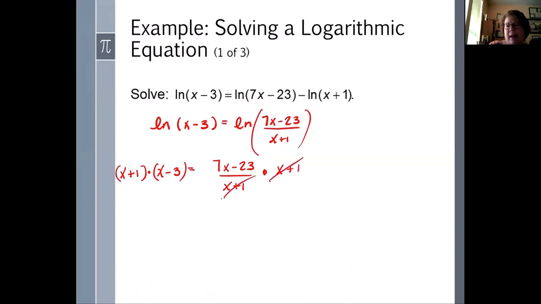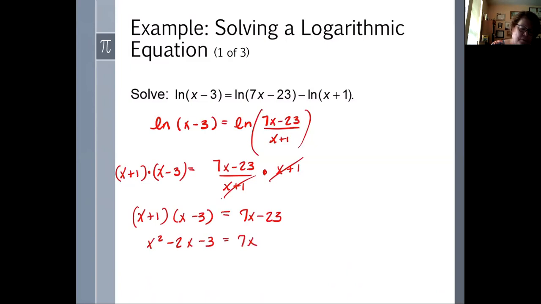The x plus 1 cancels on the right-hand side, and I get exactly the same equation that I had before. Exactly the same equation. Just a different way of approaching it.